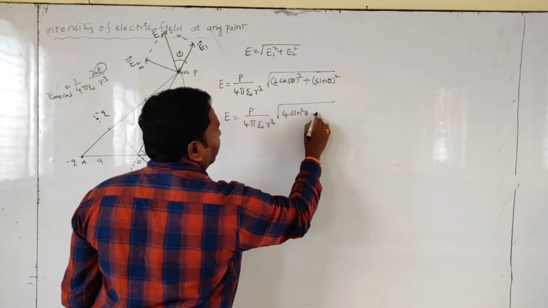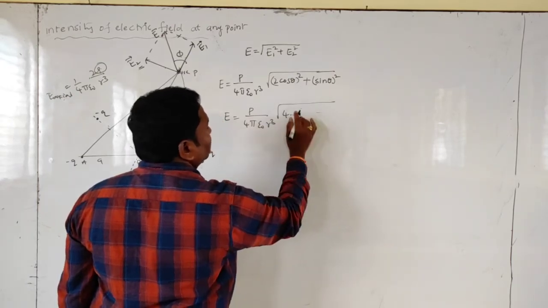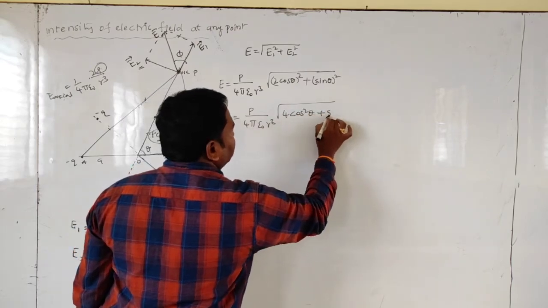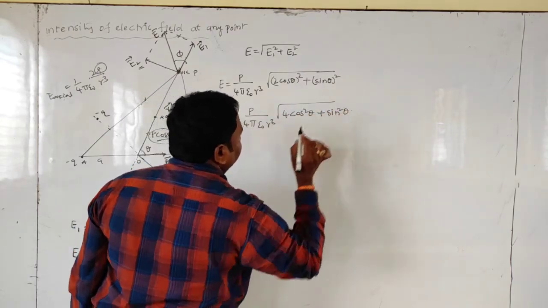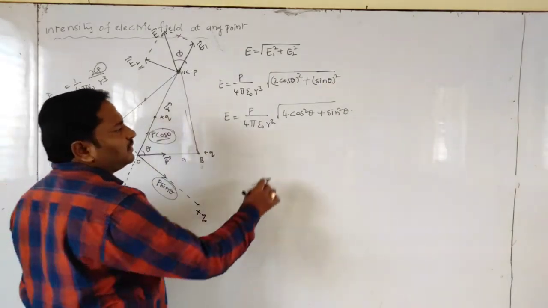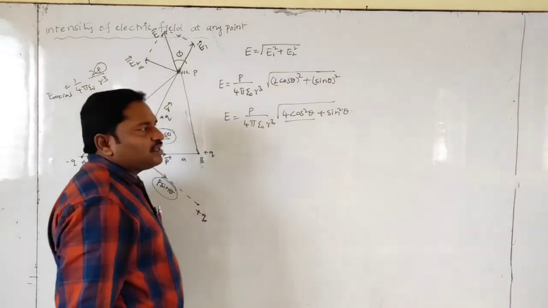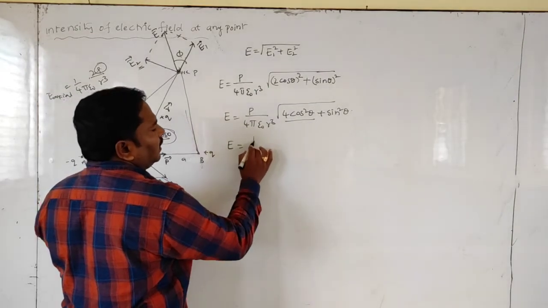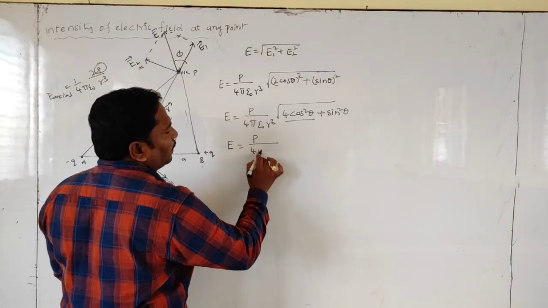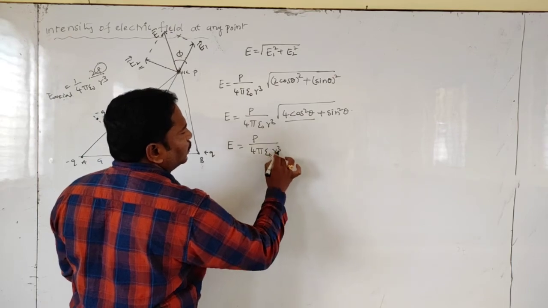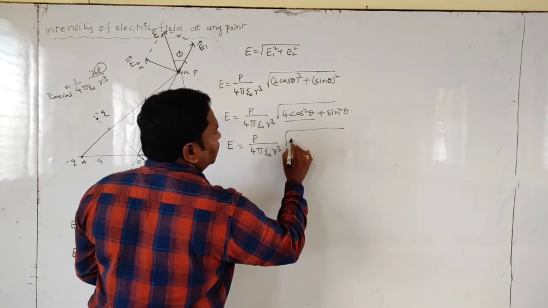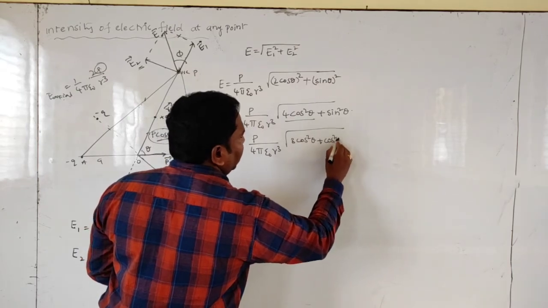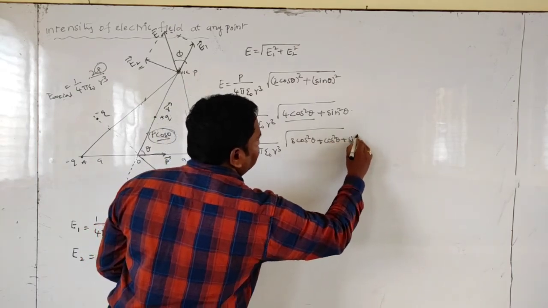Now E equals p by 4 pi epsilon naught r cube root over 4 sin square theta plus 4 cos square theta plus sin square theta. Now we can resolve this into 3 cos square theta plus cos square theta plus sin square theta.